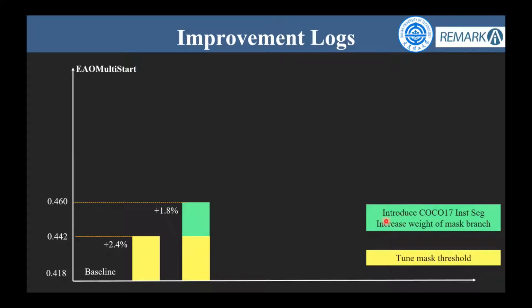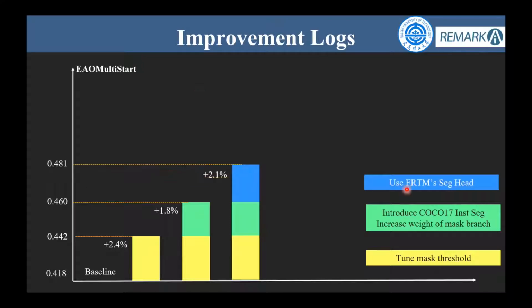Then we introduced the COCO 2017 instance segmentation dataset and increased the weight of the mask branch. The performance increased by 1.8%. The EAO multi-start goes to 0.460.